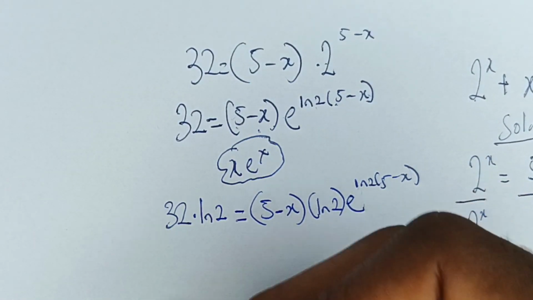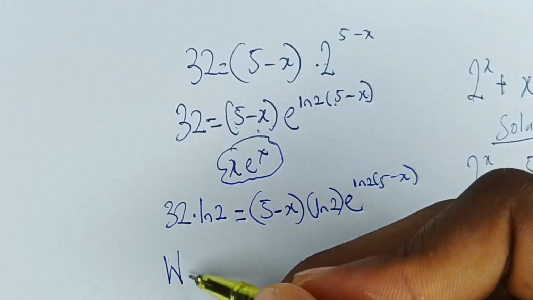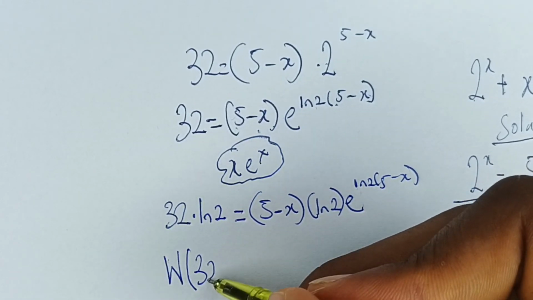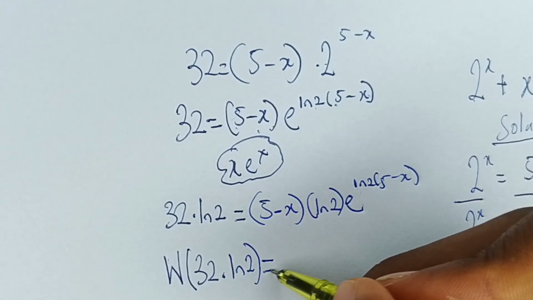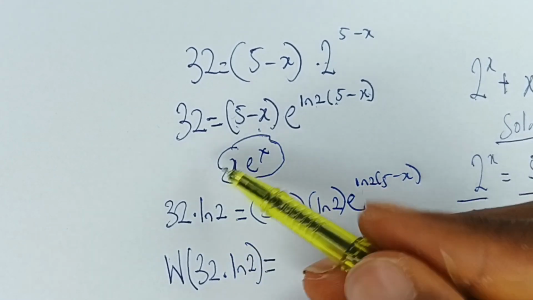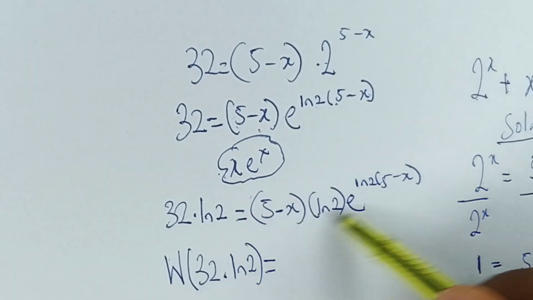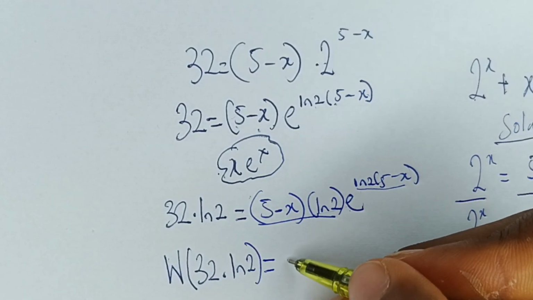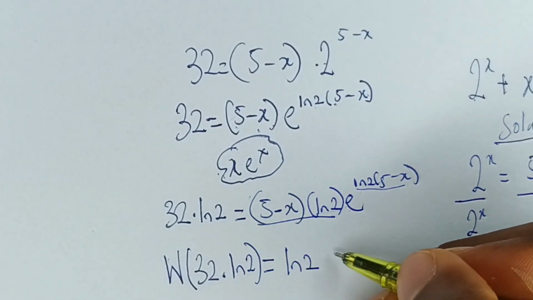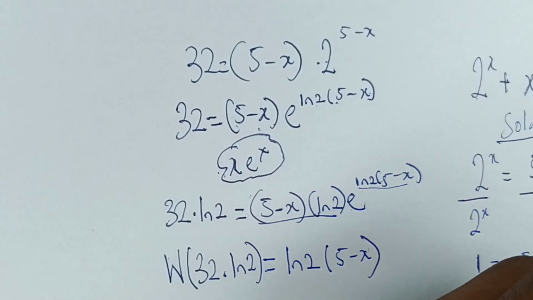From here we can now say that W of 32 multiplied by ln of 2 is equal to, as I told you initially, W of x e to the power of x is equal to x. So W of this e to the power of this is this. We're going to have ln of 2 multiplied by 5 minus x.